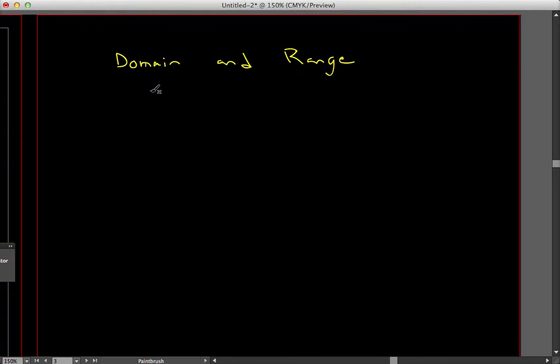So if I were to write this out, we could have x naught, x sub 1, x sub 2, x sub 3, and so on. And then the range is the set of output values, or the y coordinates. So these all correspond: y naught, y1, y2, y3.